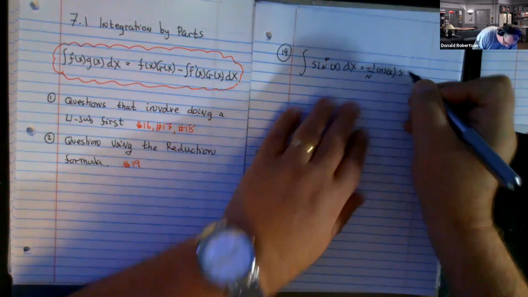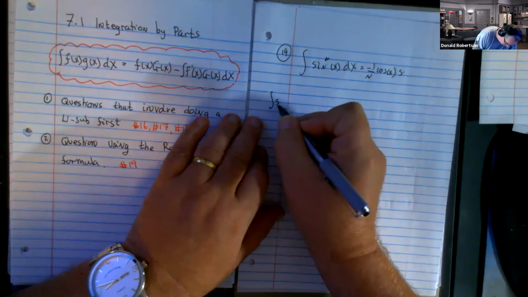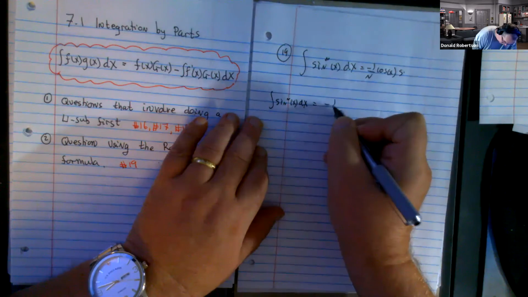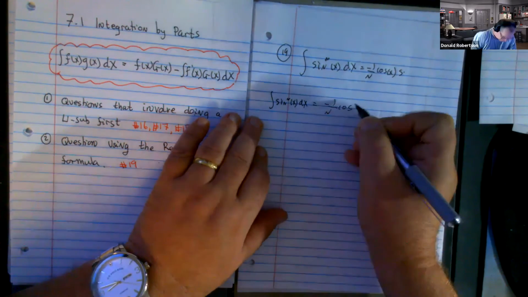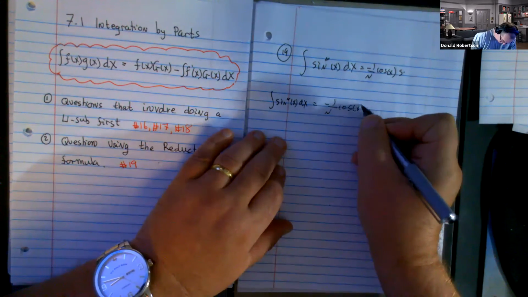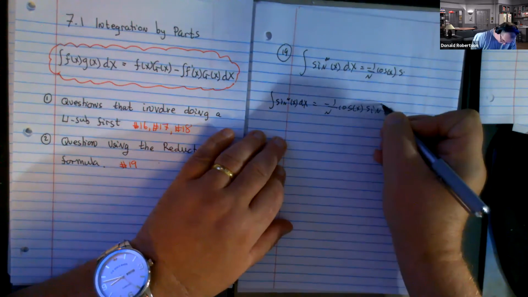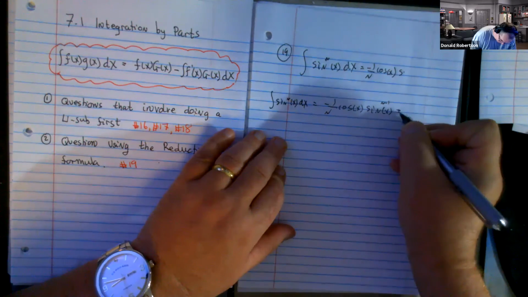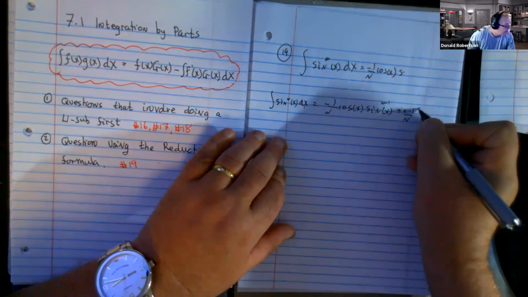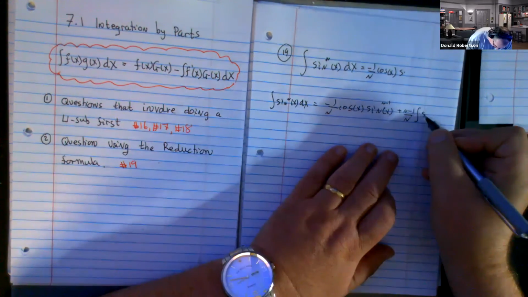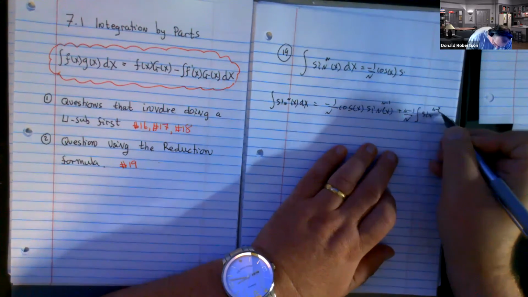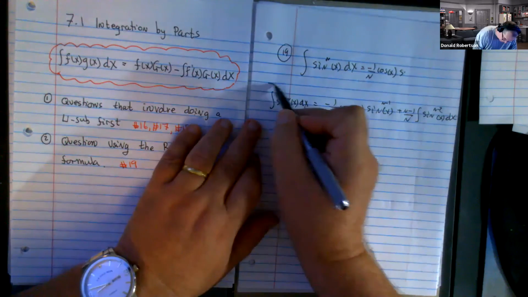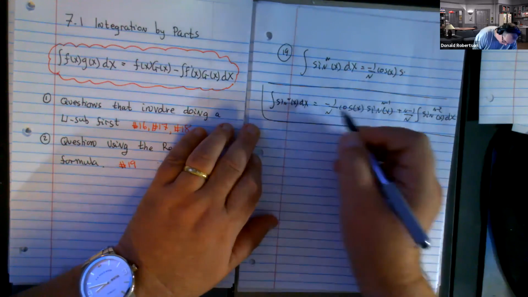Oh, darn it, I need to do it over here. It's too big a formula to squeeze in that space. So it's going to be -1 over n, the cosine of x, the sine of n minus 1 of x, plus n minus 1 over n, the integral of the sine of n minus 2 of x dx. And it is called a reduction formula.